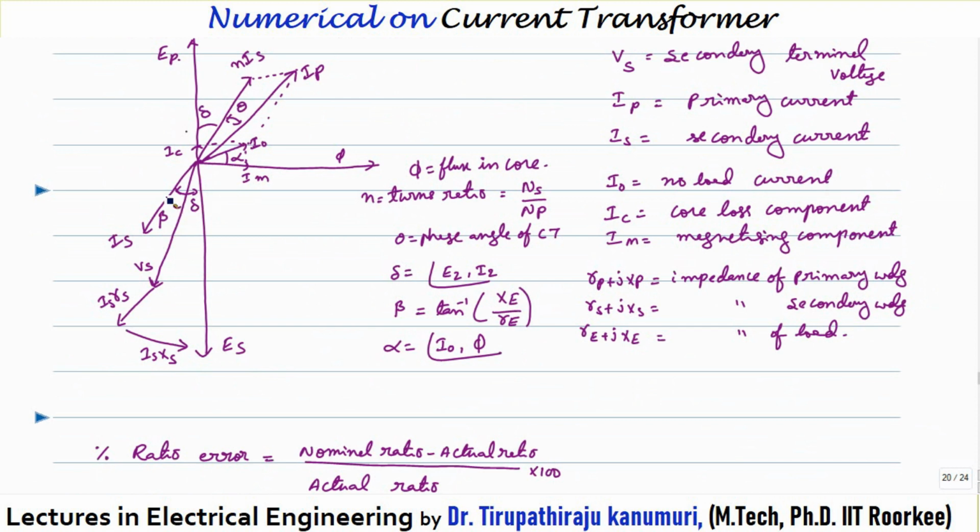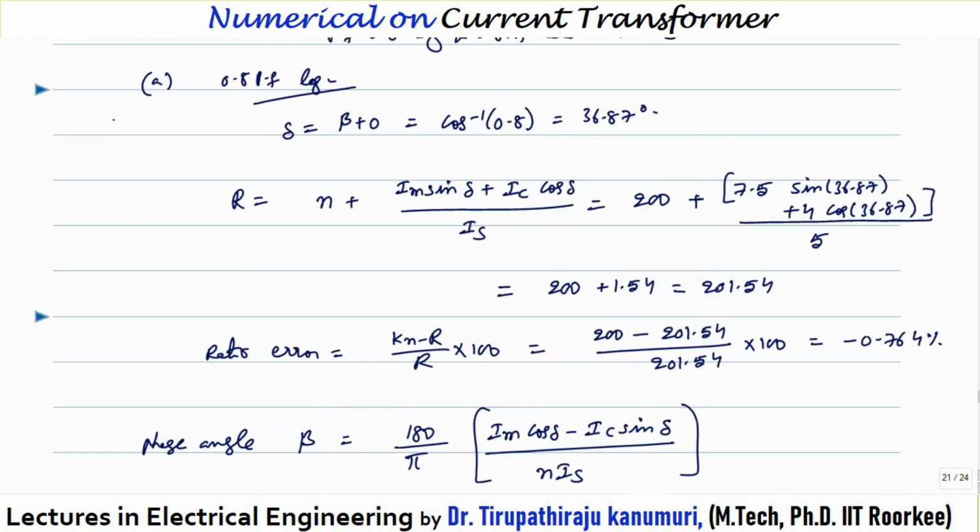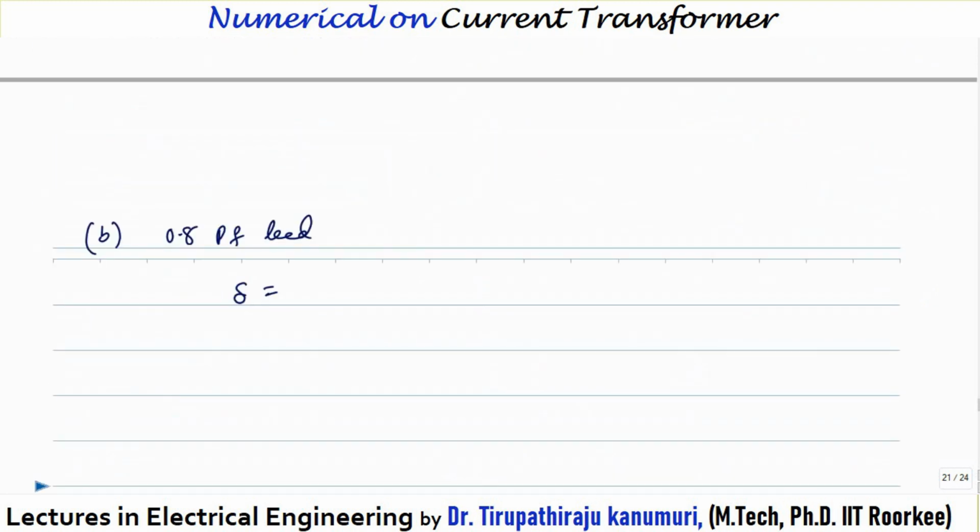Because this side we represent as positive, when beta is on the other side we have to represent it as negative. So we take the value as minus cos inverse of 0.8, which will be minus 36.87 degrees. So it is taken as opposite.